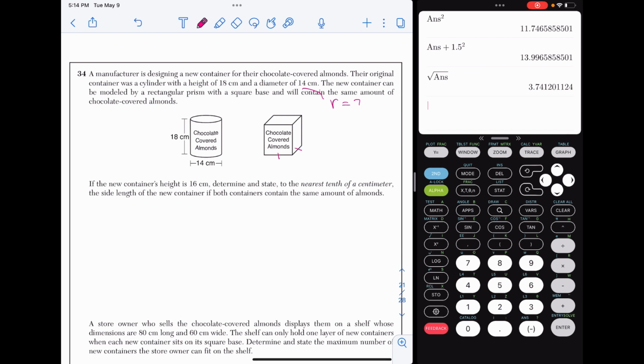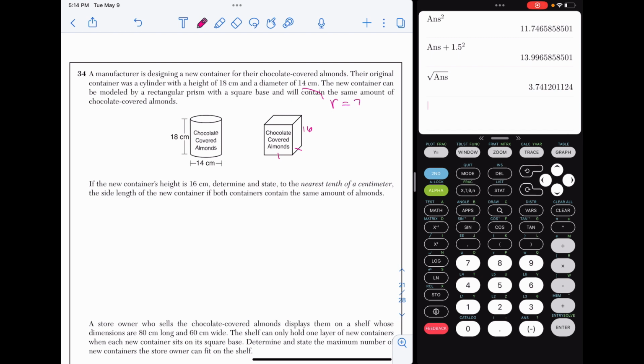Okay, so we know the sides are equal. And will contain the same amount of chocolate-covered almonds. If the new container's height is 16, I know this is 16 centimeters, determine and state to the nearest tenth of a centimeter the side length of the new container if both containers contain the same amount of almonds. Okay, so let's start with the cylinder.